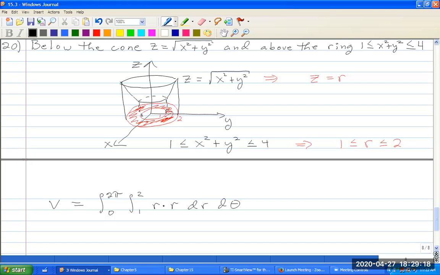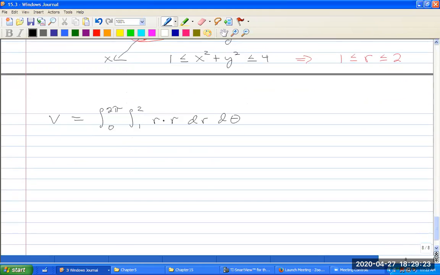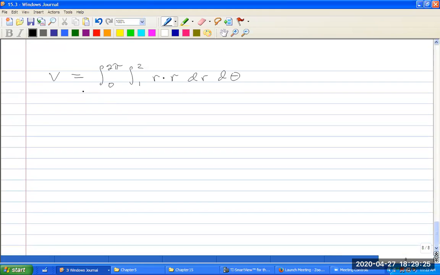I'll give 2 differing reasons why it should be r, dr, d theta in the future. And so this is equal to the integral from 0 to 2 pi, the integral from 1 to 2 of r squared dr d theta.